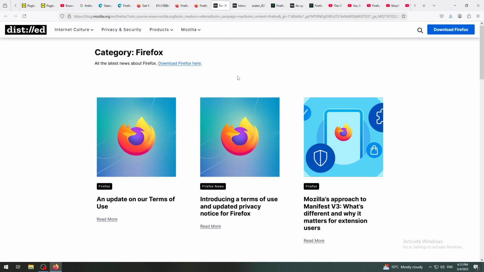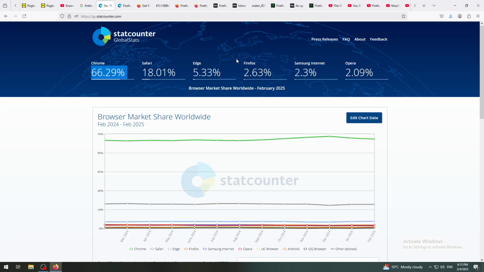I think another one is some kind of Ladybug or something like that. We'll find that one too. So there are alternatives, but again, unfortunately for Firefox and Mozilla, it's probably over. I think their market share and percentages will only go lower from this day and in the future.